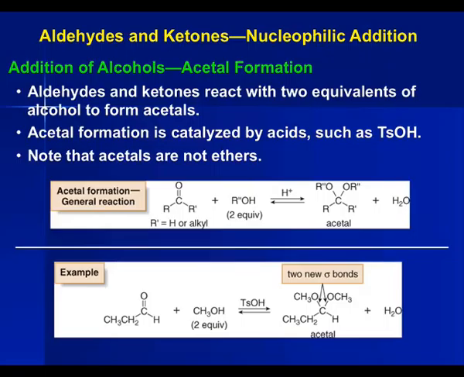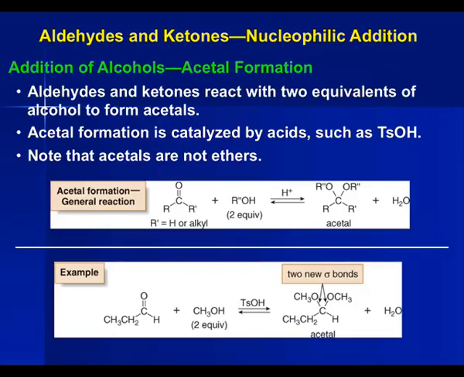New sigma bonds. That's exactly right. You might predict that. Okay? These are reversible reactions. And again, the equilibrium depends on the nature of the ketone or the aldehyde. Aldehydes typically favor the product. Ketones typically favor the reactants. But we can add a huge excess of the alcohol and actually force it to go to completion.